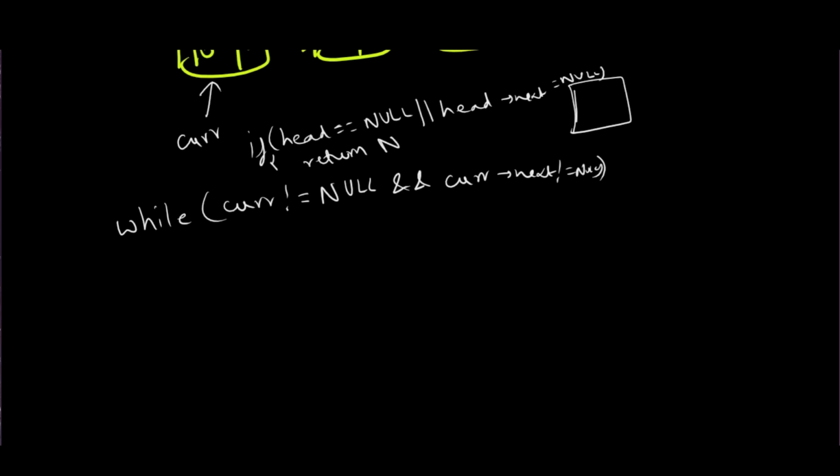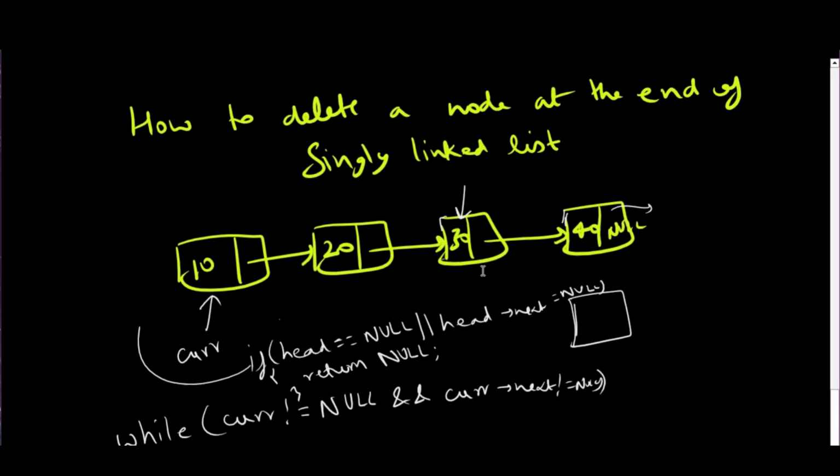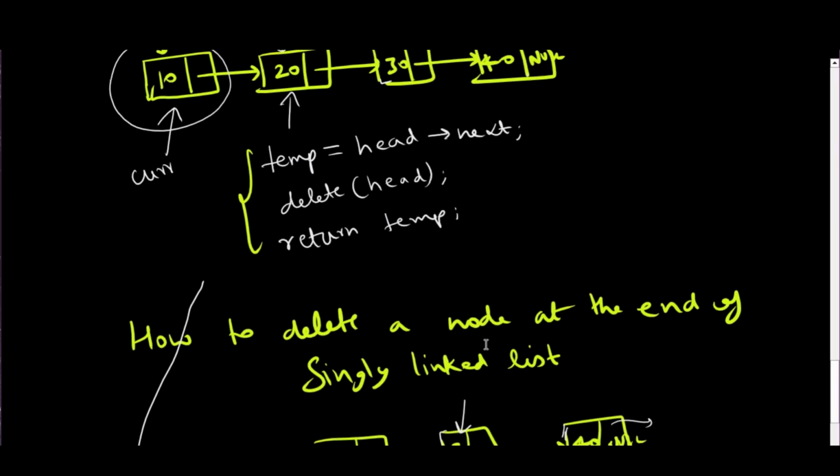return null, because if there are no elements or there is only one element, we need to return null. This will also be included in the above code. Deletion from the head we also included there. So this will be added before here.